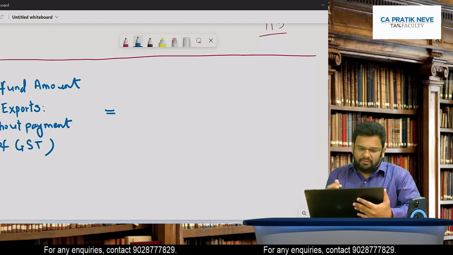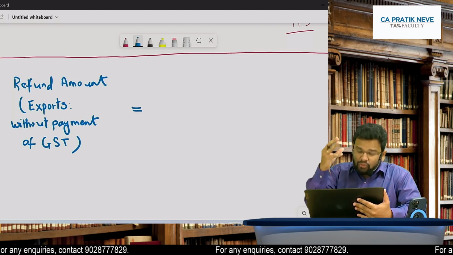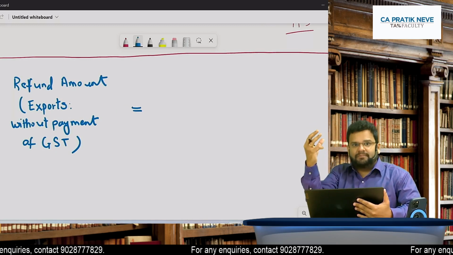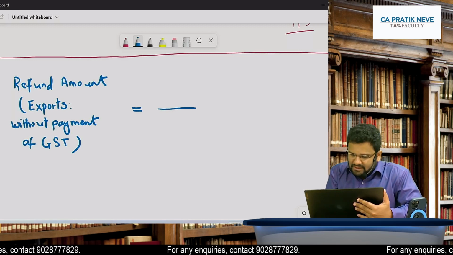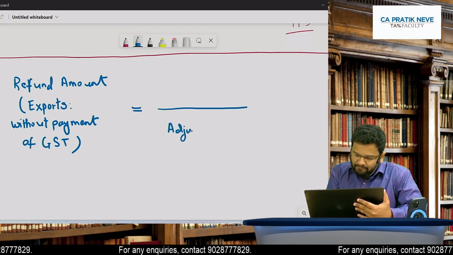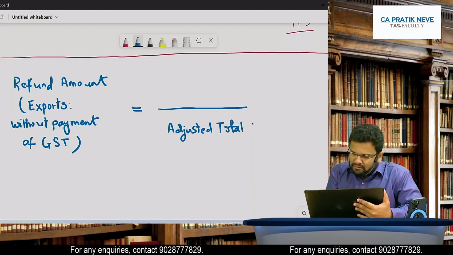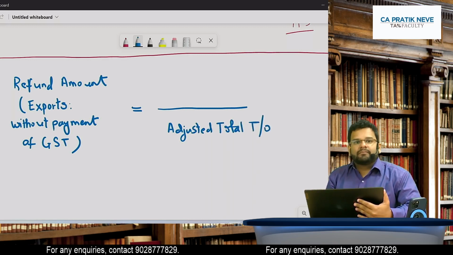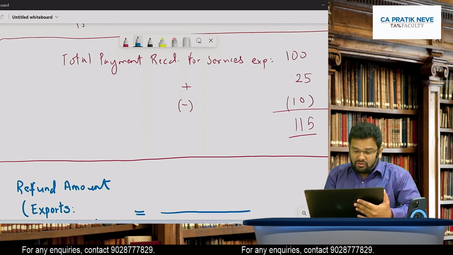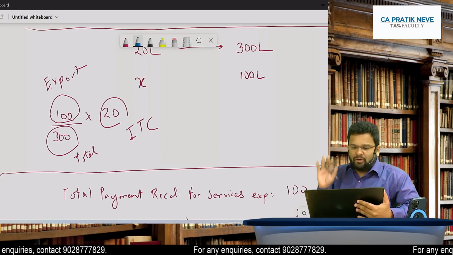Now listen carefully. So how to calculate that proportion? So obviously divided by adjusted total turnover. Why? I have told you that logic.